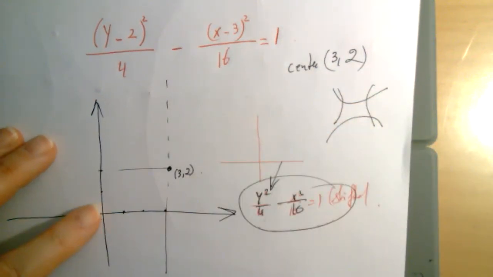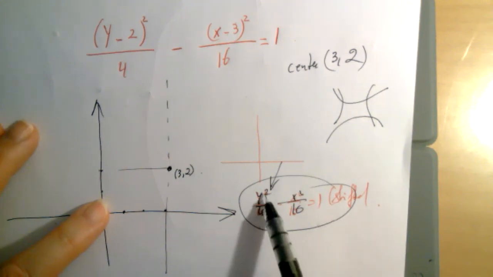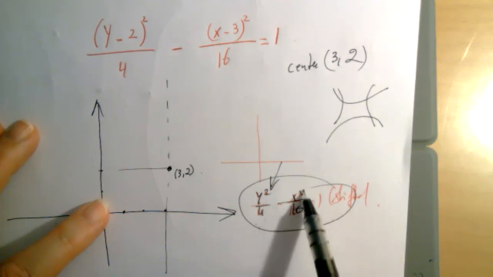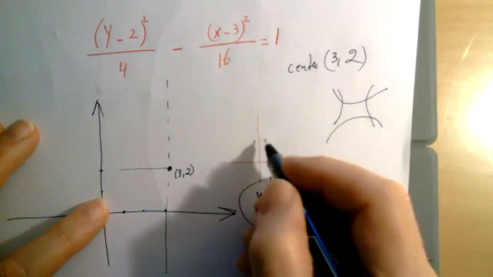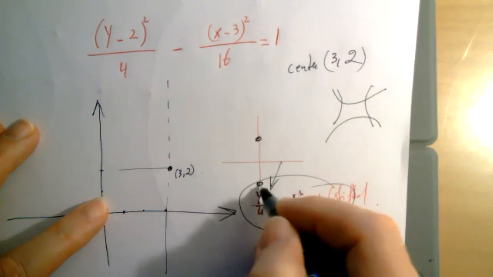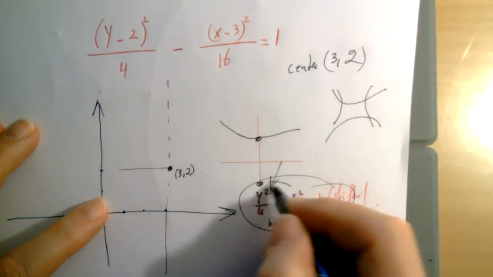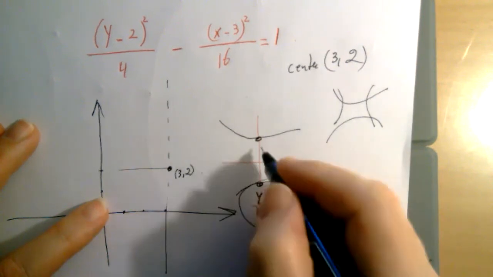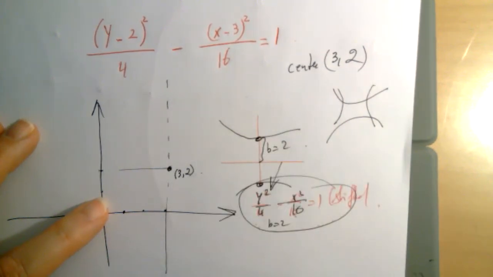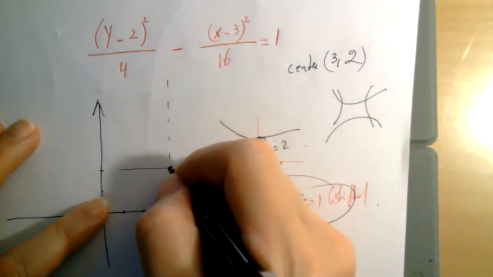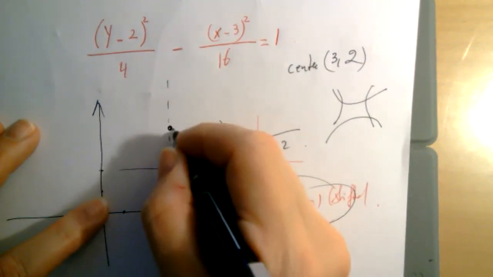So it's going to be up and down, and that's going to be somewhere located here. So to graph it first, I want to know what the vertices are. If I take the basic one, y squared over 4 minus x squared over 16, then the b here is 2. So when I'm going to graph it, this is going to be like that. That's the standard one. And this is the b, which is equal to 2. So the shifted one is going to act the same. So I'm going to go from here. I'm going to go by 2 units.